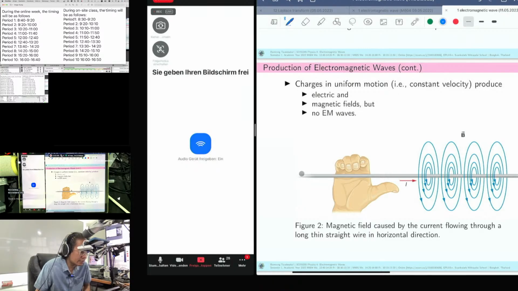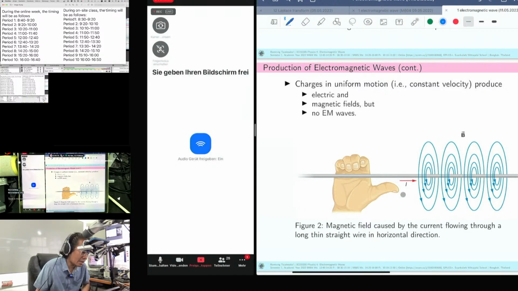We use the right hand rule, okay. Everybody has her own right hand, right? And you have the thumb direction. The thumb direction has to be aligned in the same way as the direction of the current flow, okay, the positive charge flow. But actually there is no positive charge flow.